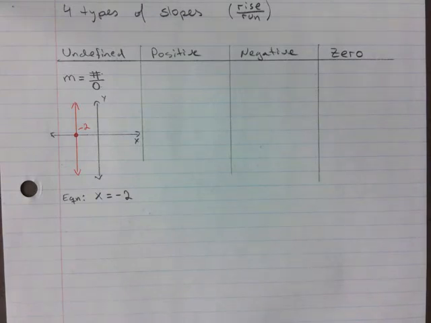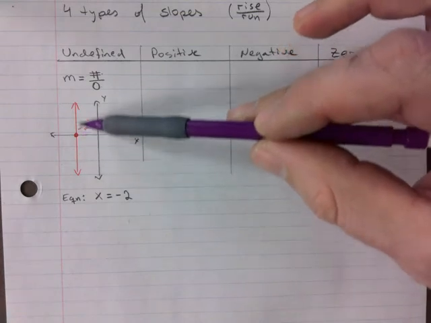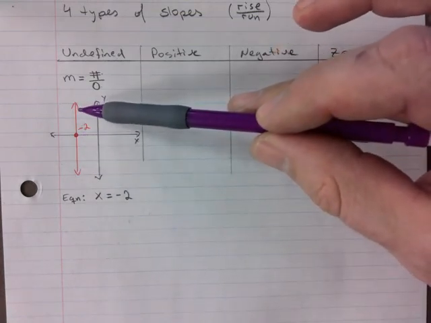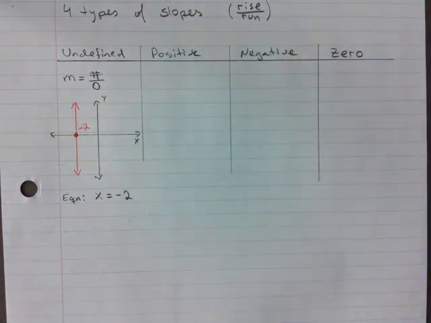If you think about it, look at this line. No matter where you are on that line, what's x always equal to? -2. It doesn't matter where you go. X is always equal to -2. Maybe that will help you.